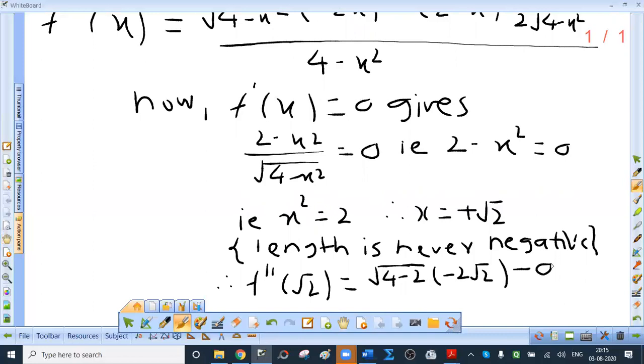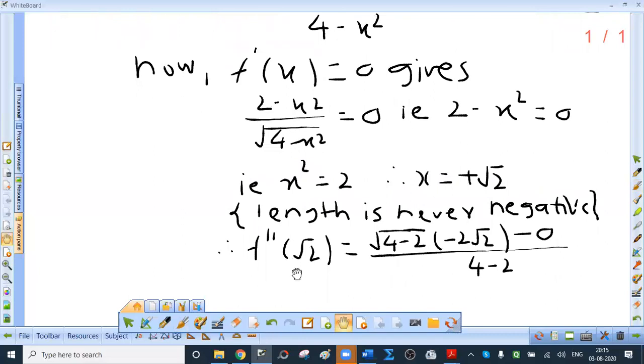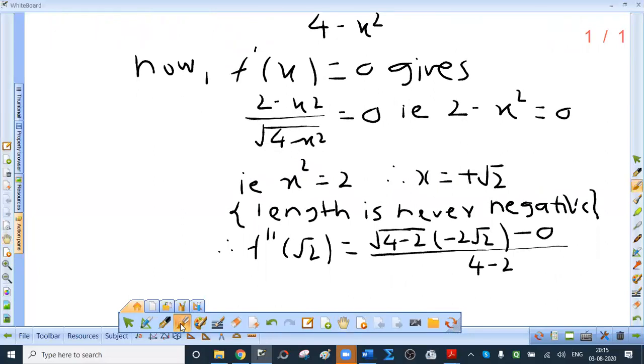minus 0 upon 4 minus 2. Why minus 0? Because 2 minus x square appears there. So this is nothing but minus root 2 into root 2, that is minus 2, which is less than 0.